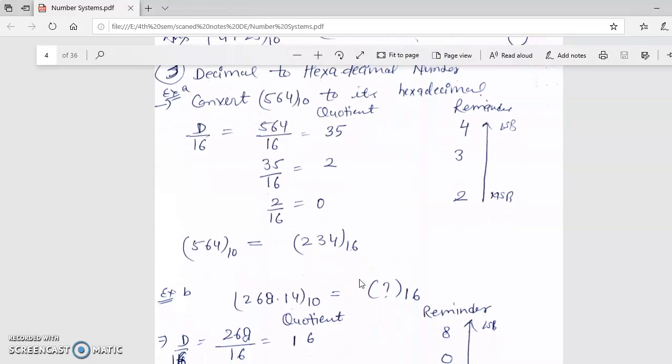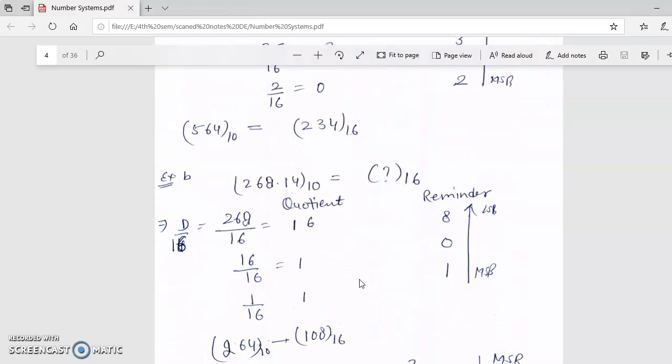Okay, next example has an integer part and this is the fraction part.